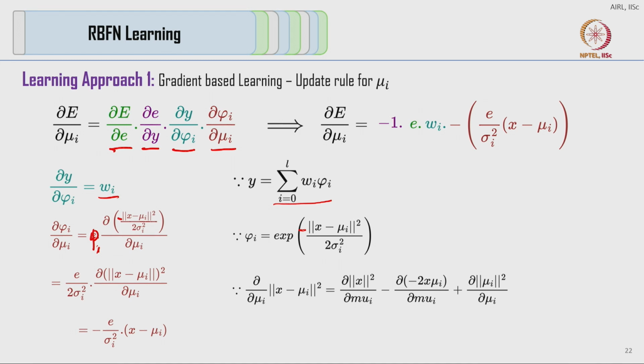The minus comes into picture, minus φ into the derivative of this term, then you will have μi, this will become plus e by σi square and x minus μi. So if I am going to substitute all of this, my update rate will depend on minus 1 e wi times the gradient, φ by σi square and x minus μ.